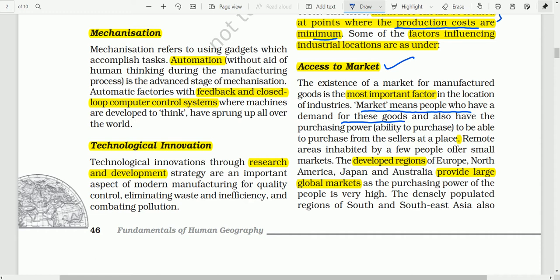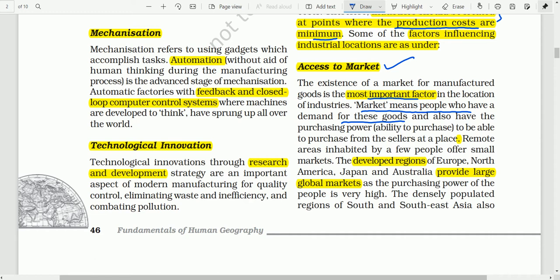So market is the most important factor for the location of industries. And so remote areas inhabited by a few people offer small markets. You know, market means the buyer, the people. So remote villages offer a little market.